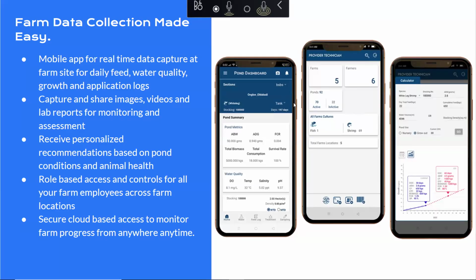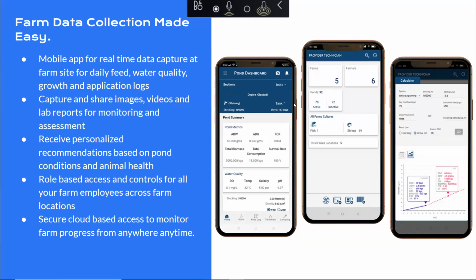Now we also mentioned another challenge, product efficacy. A typical farmer who has a 20-pond farm, with 20 shrimp ponds, wants to try a different feed to see if it performs better.